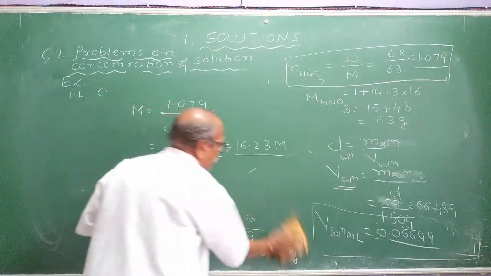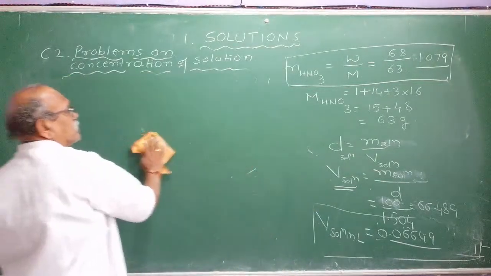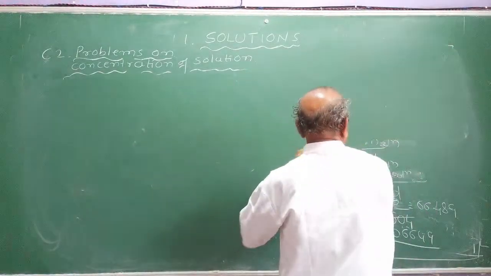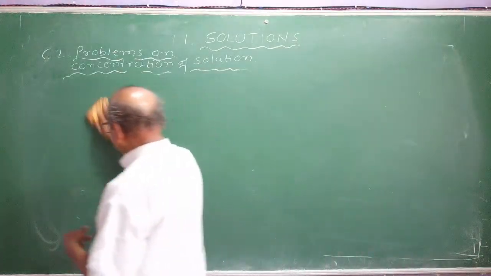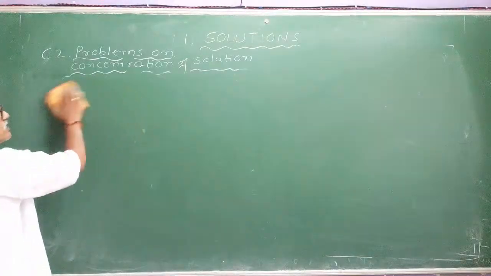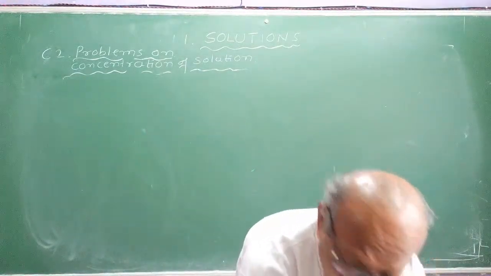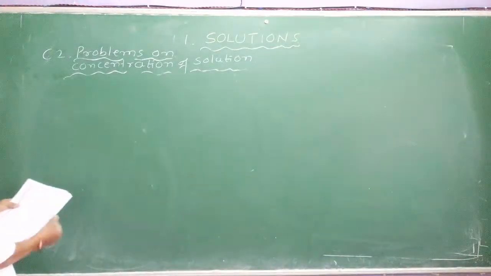The remaining part, vapor pressure and elevation in boiling point, depression in freezing point, those problems will be very easy. You can comfortably solve. But these conversions of the units of the concentration, molality, these are the dangerous area.